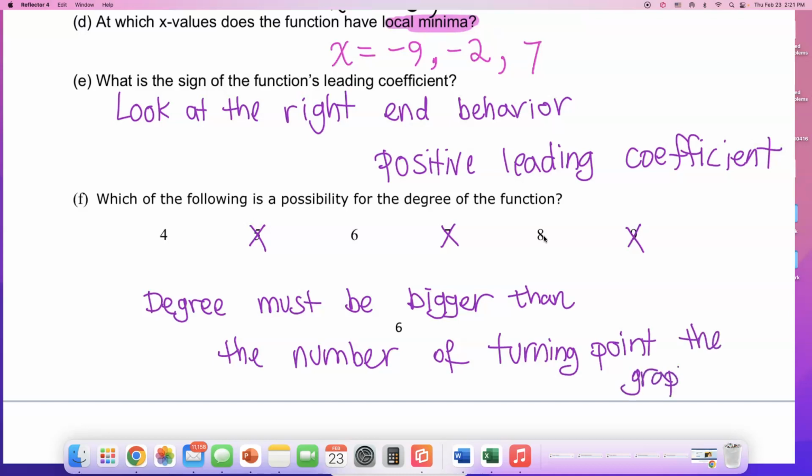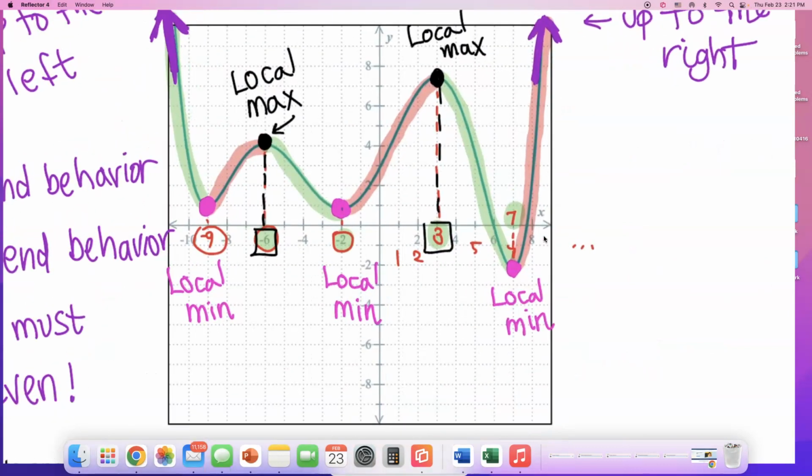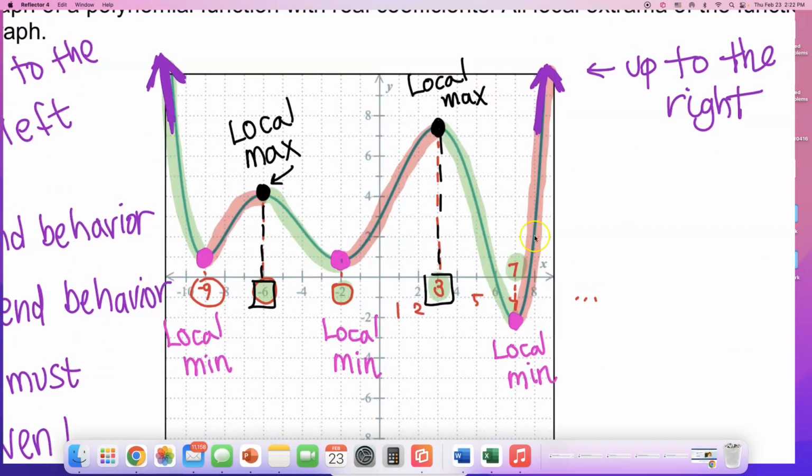So we're going to count how many times this graph turns. That is just the local min and local max.